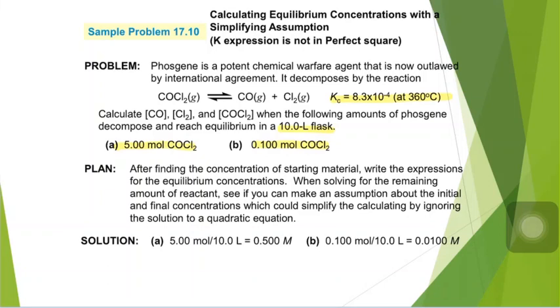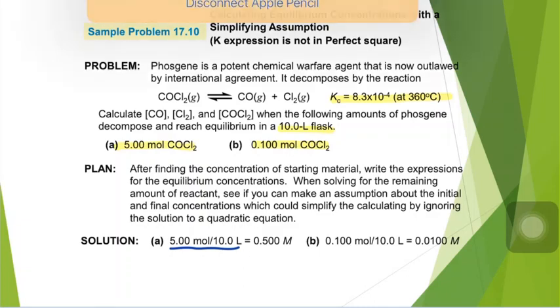To solve this problem, we start with calculating the concentration of COCl2 in both question A and B. The concentration of COCl2 when 5 mole is introduced is 5 mole divided by the volume of 10 liters, so the concentration is equal to 0.5 molar.